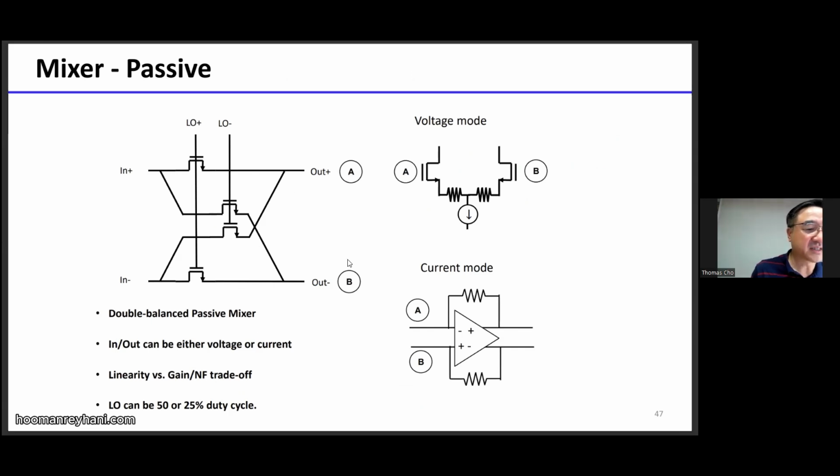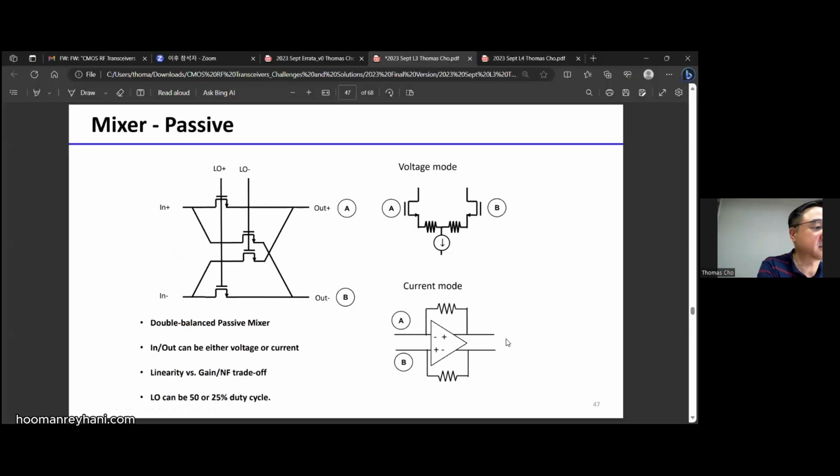The A and B nodes can be terminated with a voltage mode amplifier or current mode. So either you connect this way or you connect this way. There are two different modes that you can select. We'll talk more about it when we talk about the frequency translated impedance.